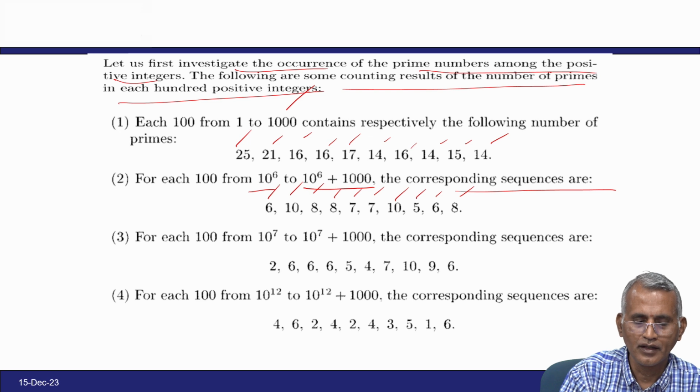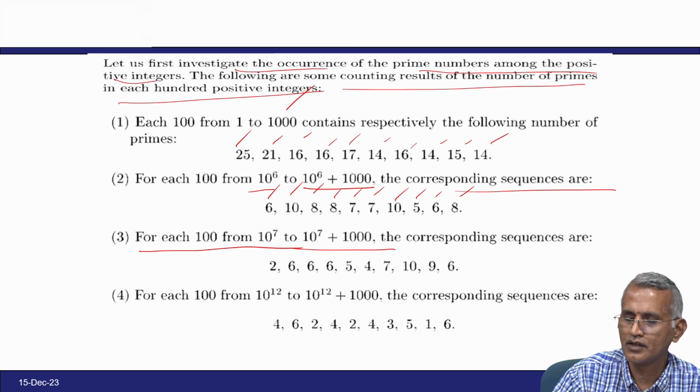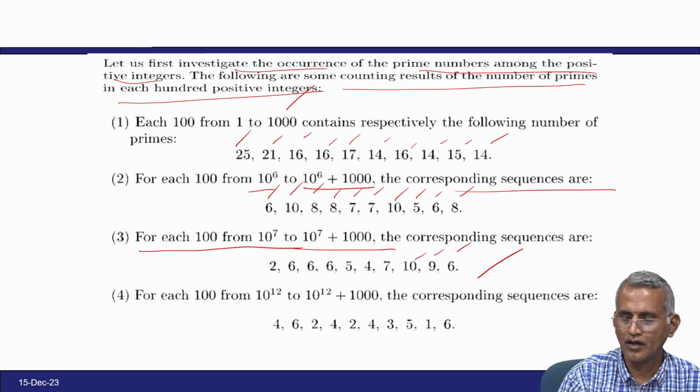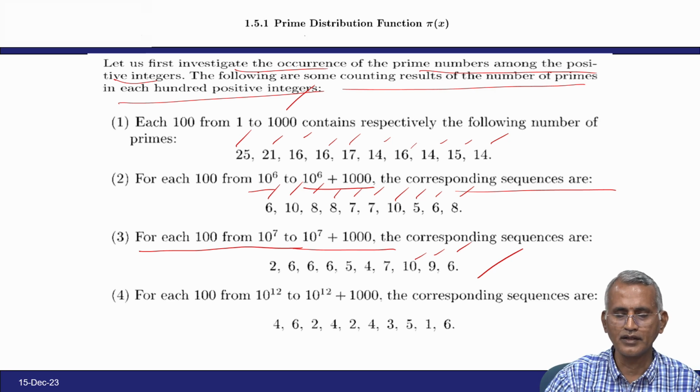Like that, for each 100 from 10 power 7 to 10 power 7 plus 1000, the corresponding sequence is 2, 6, 6, 5, 4, 7, 10, 9, 6. Like that, for each range the corresponding sequence can be designed. So, these all describe the distribution function pi of x.